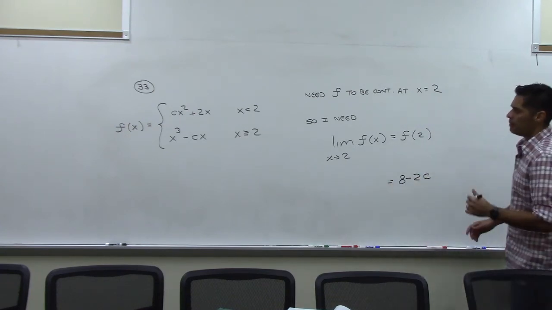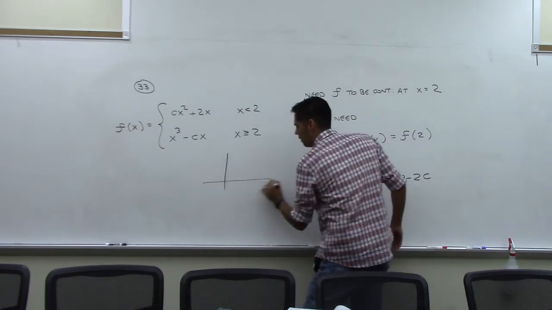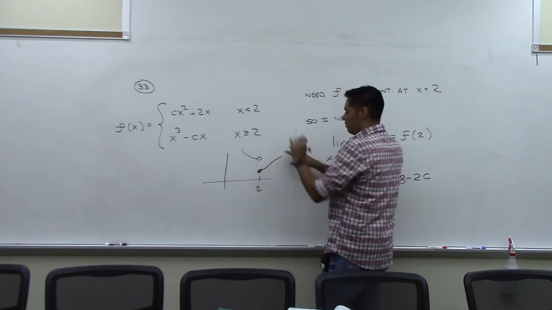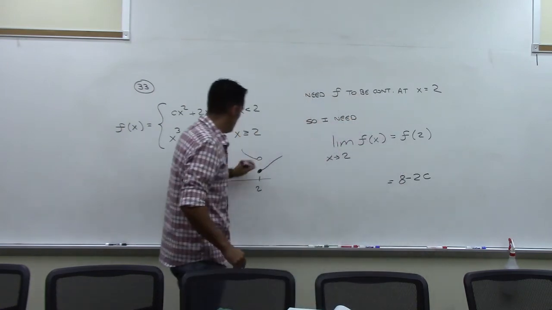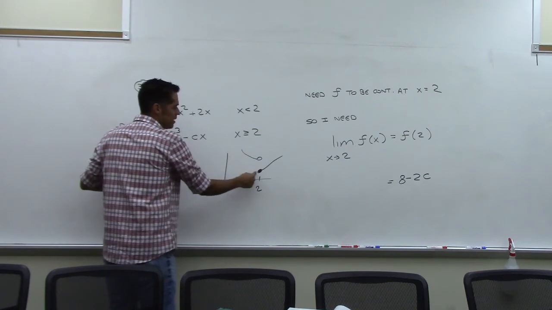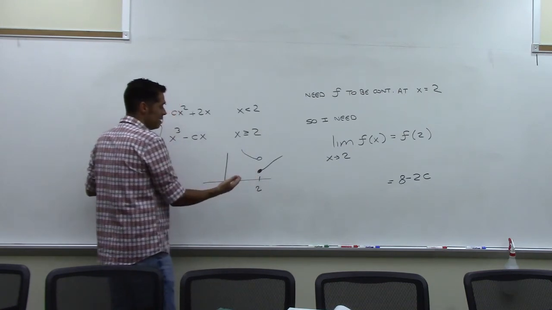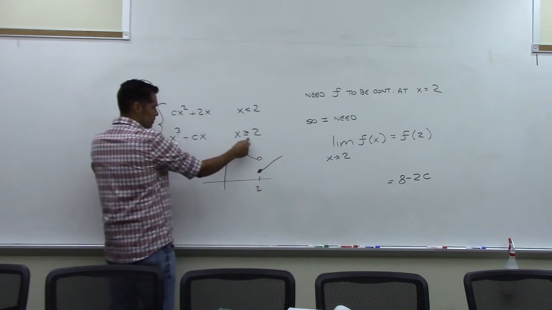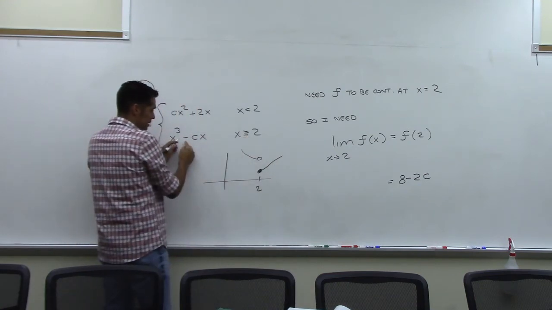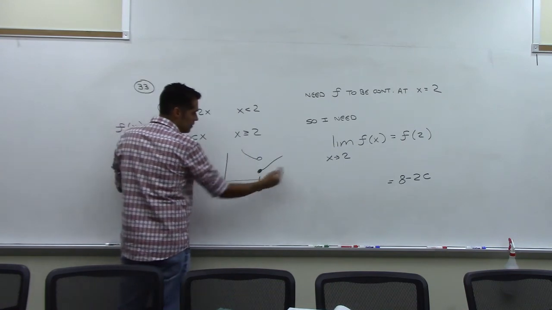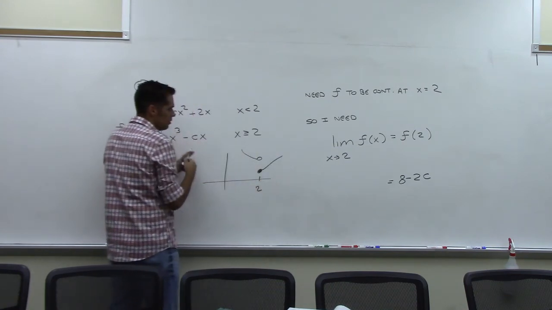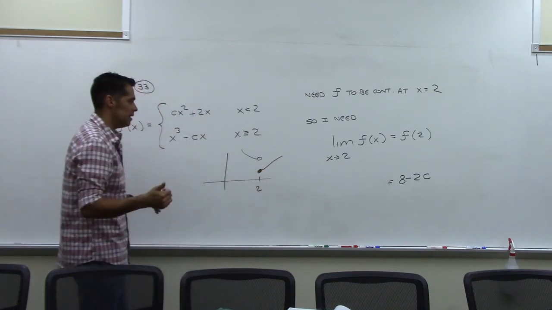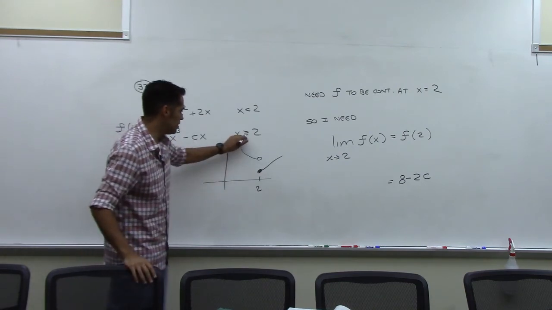All right, and I think I'm going to draw that picture again real quick. Here's 2. We kind of said this was a parabola and this was cubic, and we didn't really know what it looked like. So we know that at 2, we have a dot. In fact, we know that it'll be right continuous here, because since this dot is on this piece, and this piece is to the right of 2, I know for sure that this polynomial will come into that dot. So the right continuity is guaranteed because of where it was defined.